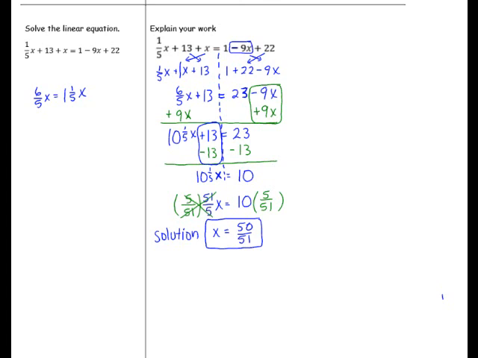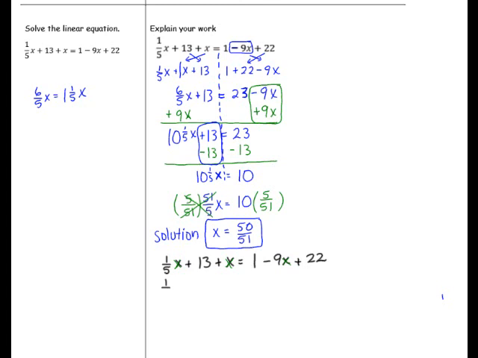To check our solution for this problem, we'll go back to the original equation and write it down. That gives us 1/5 x plus 13 plus x is equal to 1 minus 9x plus 22. Now to check our solution, we'll replace each value of x with 50 over 51.